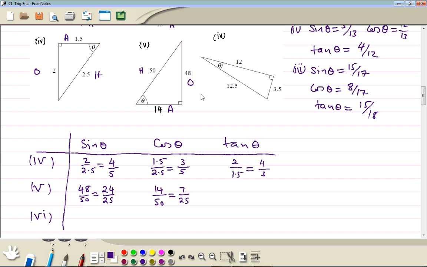Then finally tan is 48 divided by 14, so 14 to start with, then you cancel it down to 7.